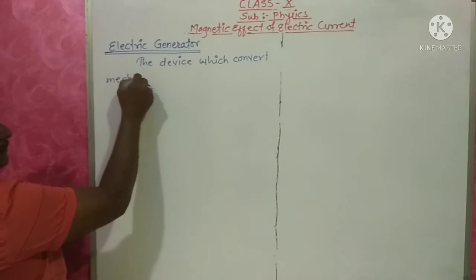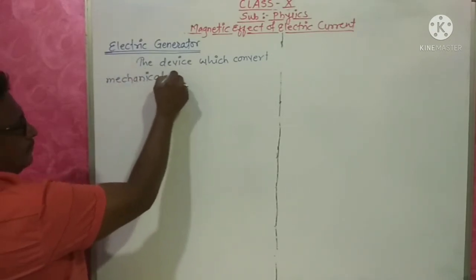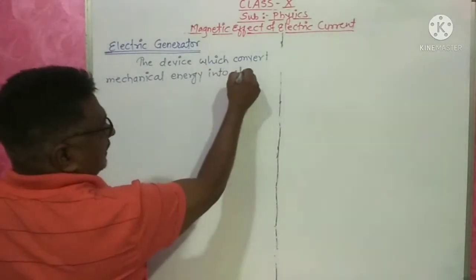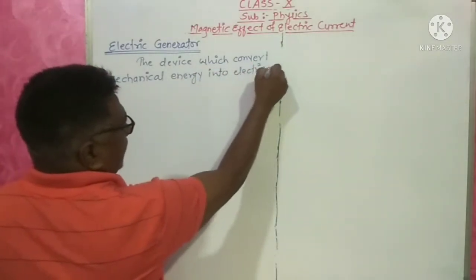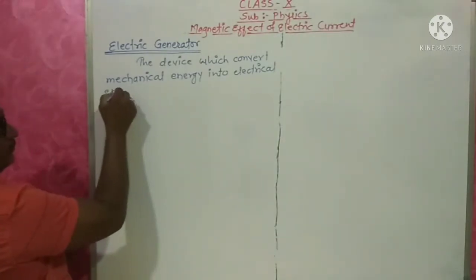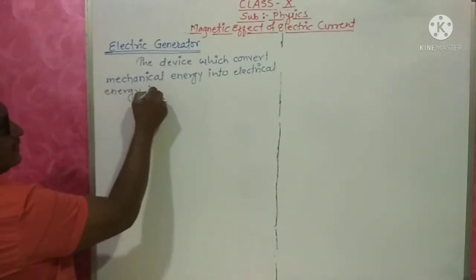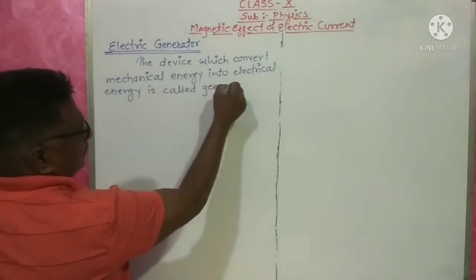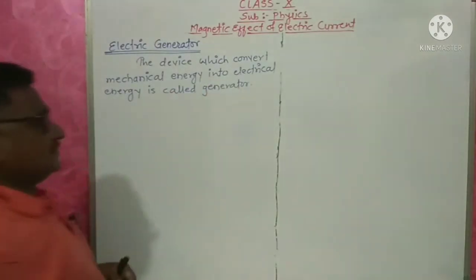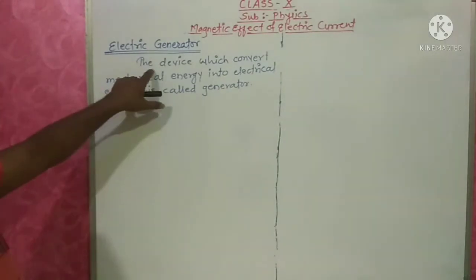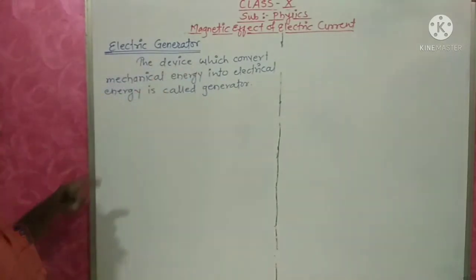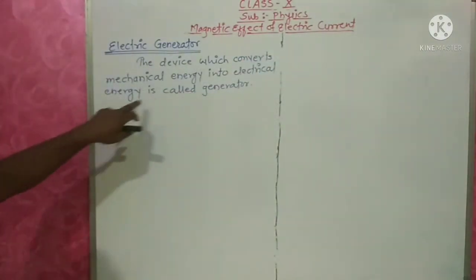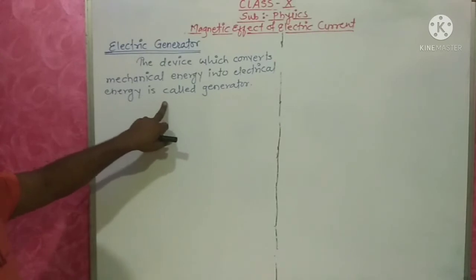The device which converts mechanical energy into electrical energy is called a generator.